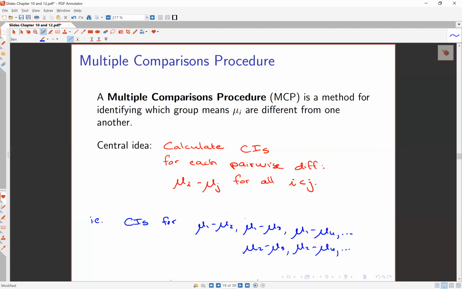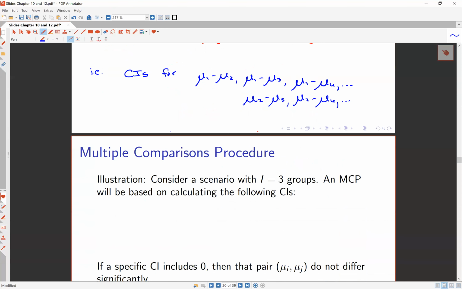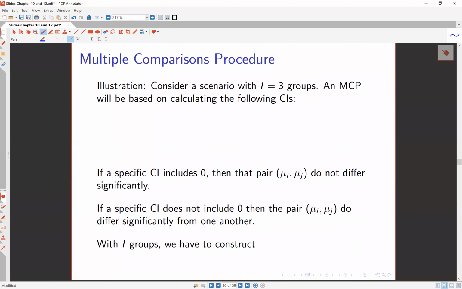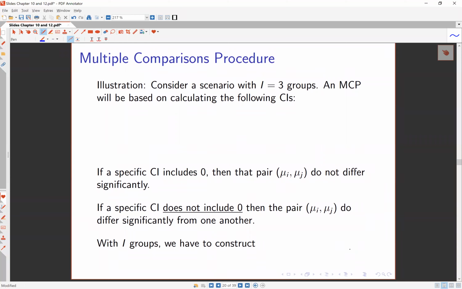So this is not how we're going to eventually implement it, but multiple comparison procedures are based on the idea of what if we could construct all of these pairwise confidence intervals? And let's just make it very concrete with a specific example. Say we know that we have 3 different treatment groups, and we want to compare the treatment means to one another.